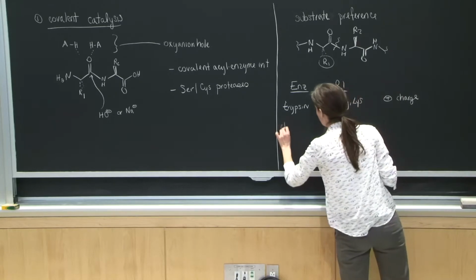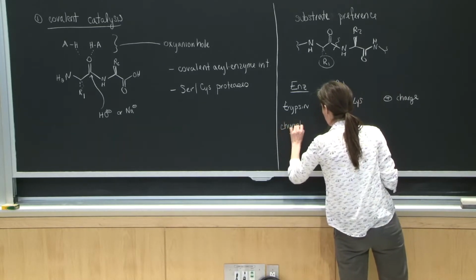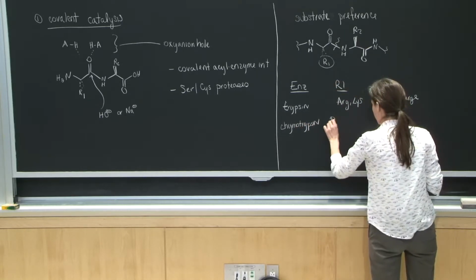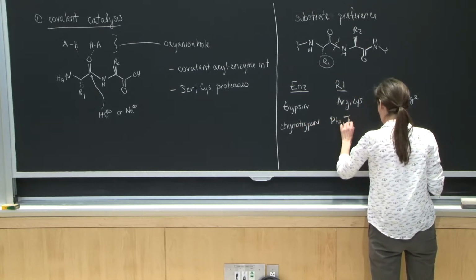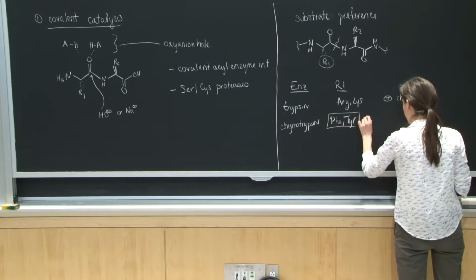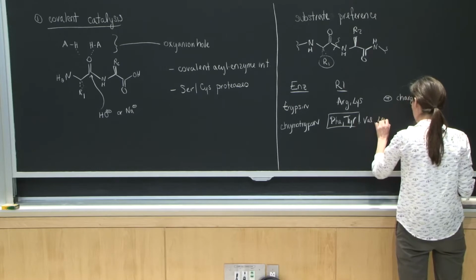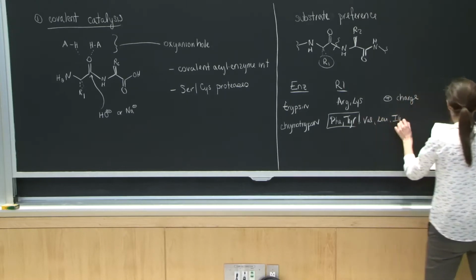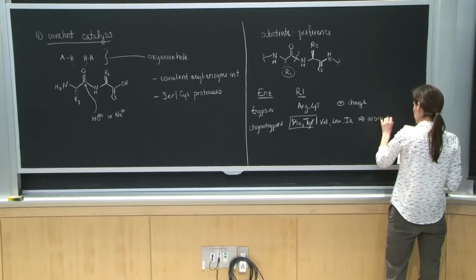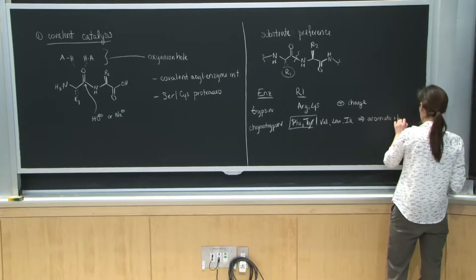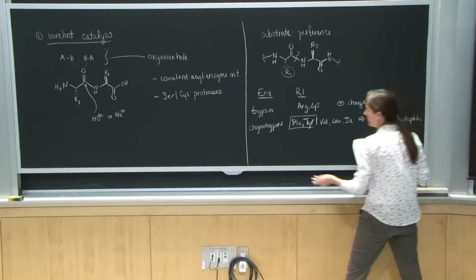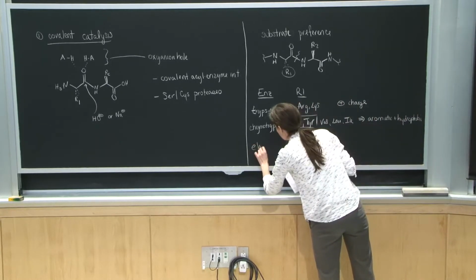For chymotrypsin, phenylalanine, tyrosine, and also other ones like valine, leucine, and isoleucine. Okay, so aromatic plus hydrophobic. And then elastase.